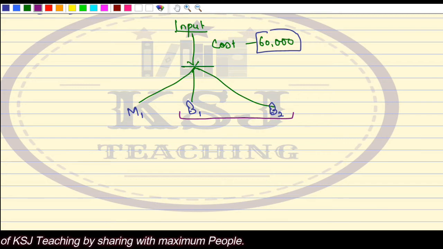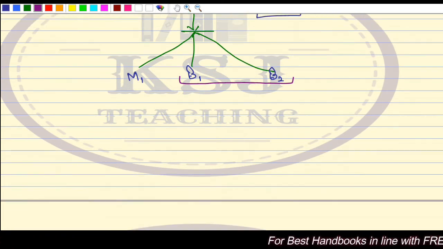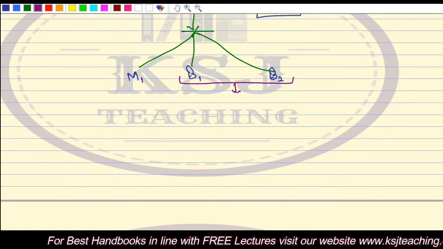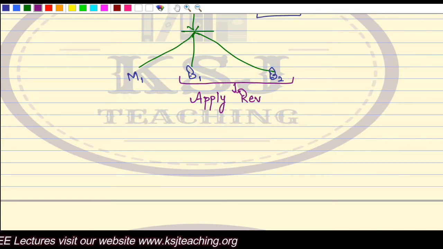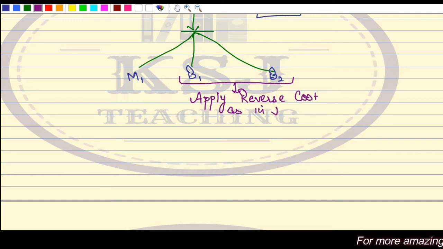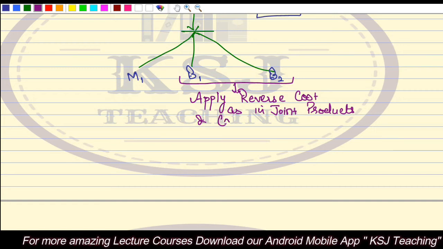Okay, considered. What to do with this consideration? B1 and B2 we have considered, sir. What is to be done with that consideration? Apply the reverse cost method as in joint products, right? And calculate what?